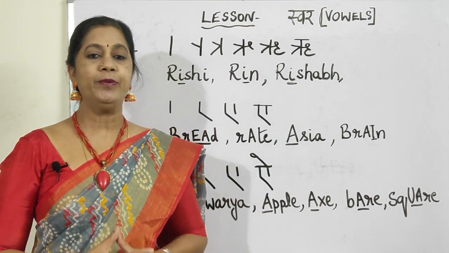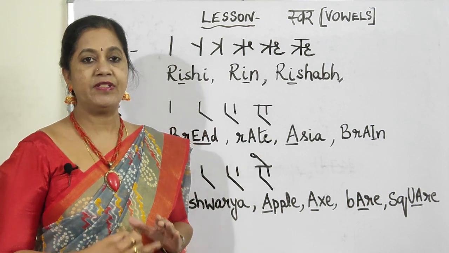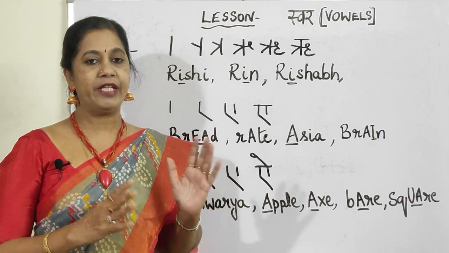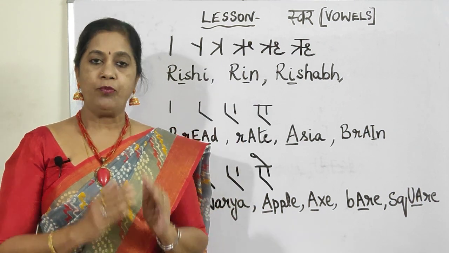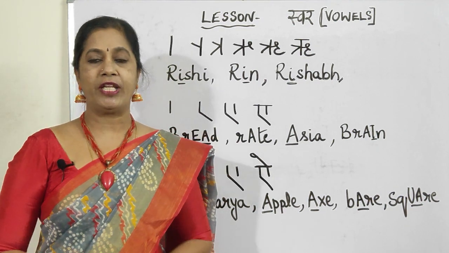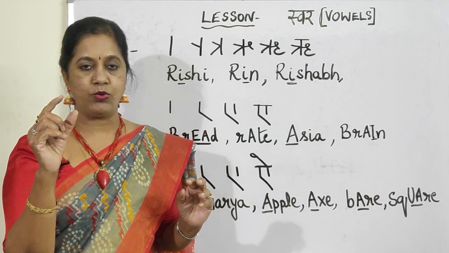For today's video, I already told you we'll be doing 7 letters, the 7 vowels. So we have already completed 6 in the previous video, and now we'll be doing 7. Now before going to that, again I would like to emphasize what I'm doing in these videos. I'm focusing on the sound.